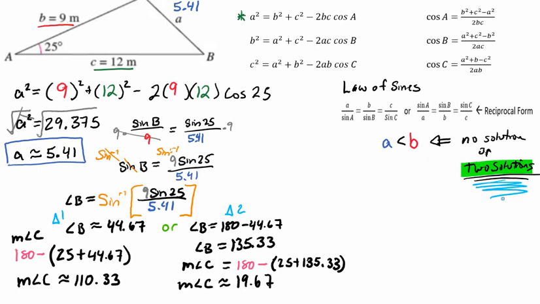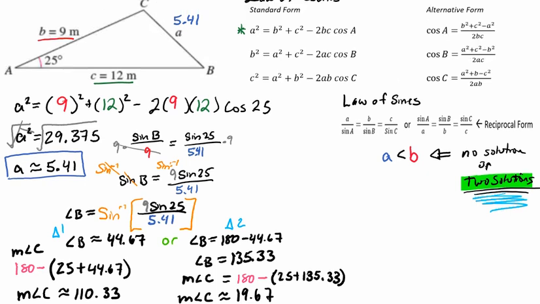So how do we decide which one is right? Well, we're going to look back at our triangle and its three sides: 5.41, 9, and 12.